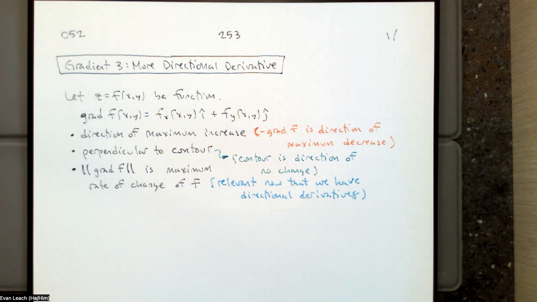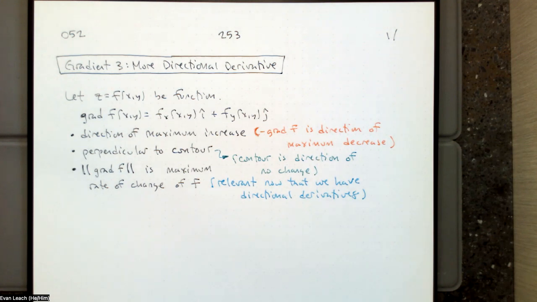Then we had to start to build some machinery to describe what happens to the function if we go in some direction other than just x or just y. To that end, we built this gradient, which is a combination. It says, look at how f is changing in the x direction, make that the i component, and look at how f is changing in the y direction, make that the j component. We discovered some cool stuff about the gradient.